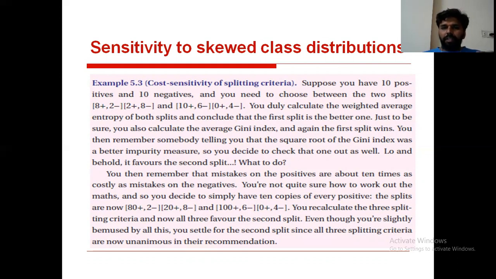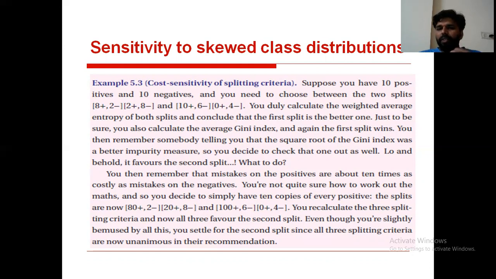But if you are using square root Gini, it will give the top rank to the second split. Got the point? Means if we are working with different impurity measures, they will give different rankings to your segments.